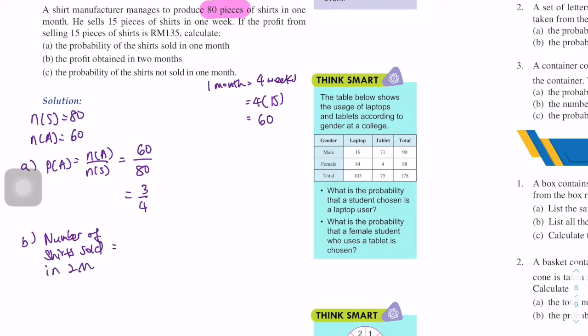The probability of selling shirts in 1 month is 3 over 4, out of 80. So this is for 1 month. For 2 months, multiply by 2. Press your calculator, we get 120 pieces.